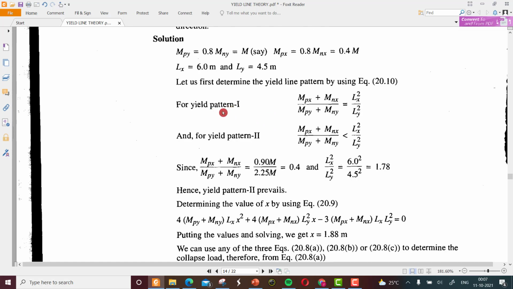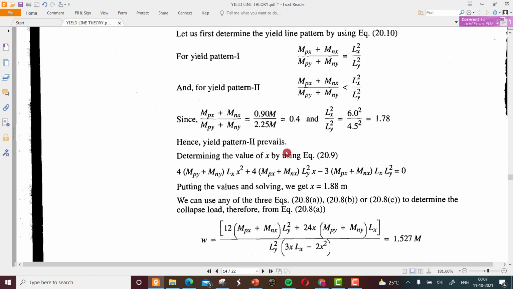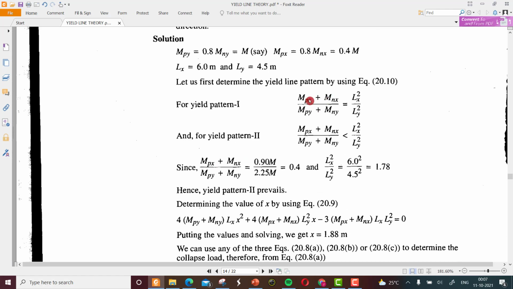For yield pattern 1 we have a condition, and for yield pattern 2 we have a condition here. Once we calculate the values, we get the left side value as 0.4 and the right side value as 1.78.